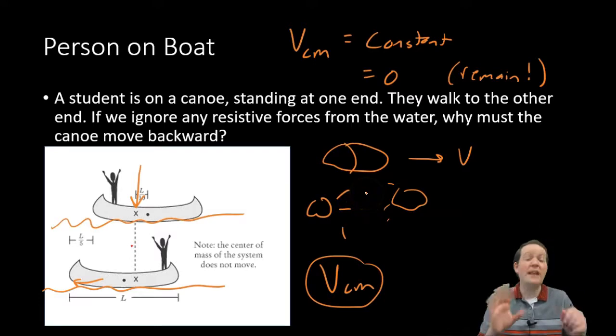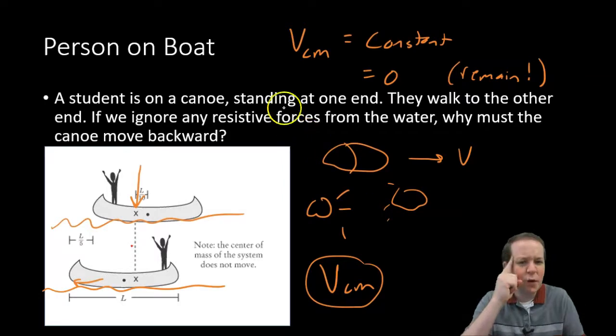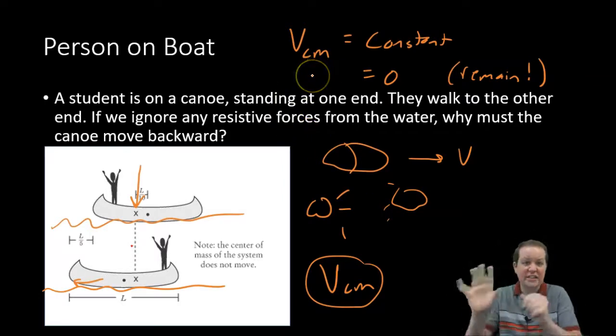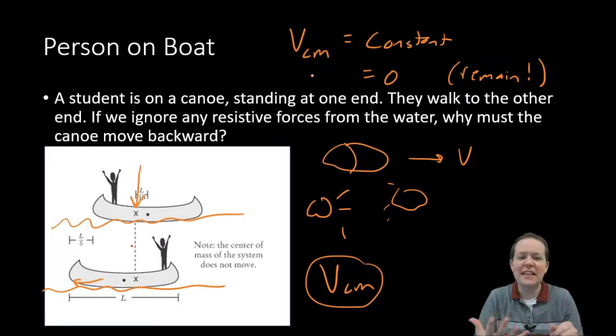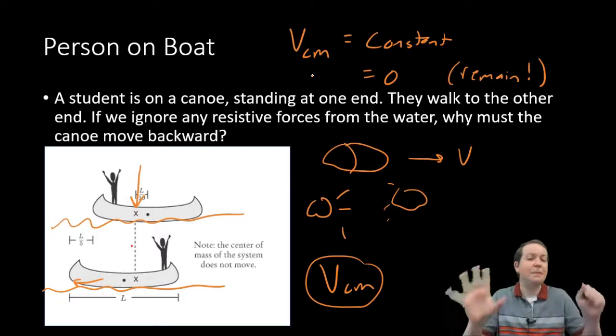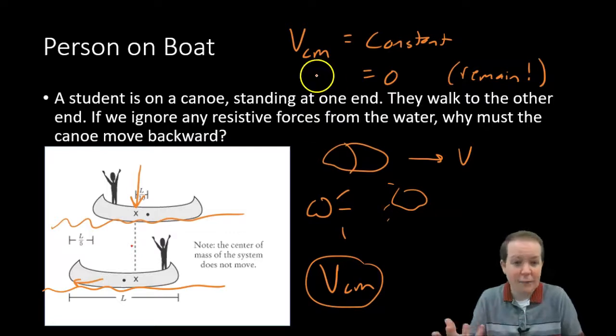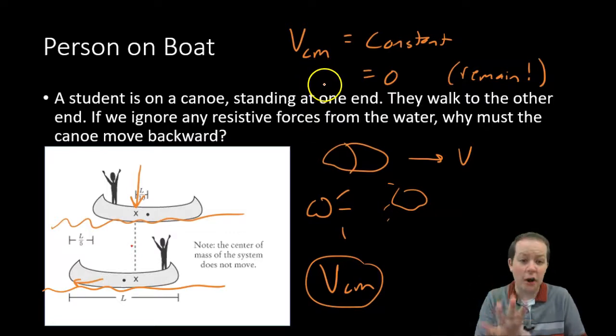As always, weird to encounter at first, but once you see a couple of them, as long as you remember that key word, if a question talks about center of mass, these actually end up often being easier problems because it's simplified and that velocity, whatever speed it might have, is staying constant.